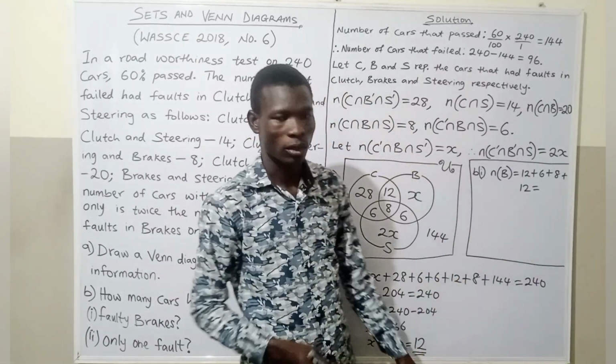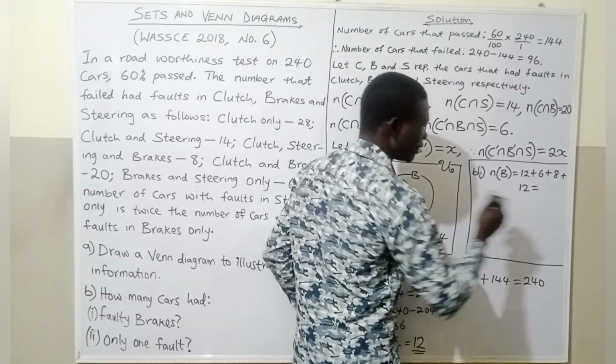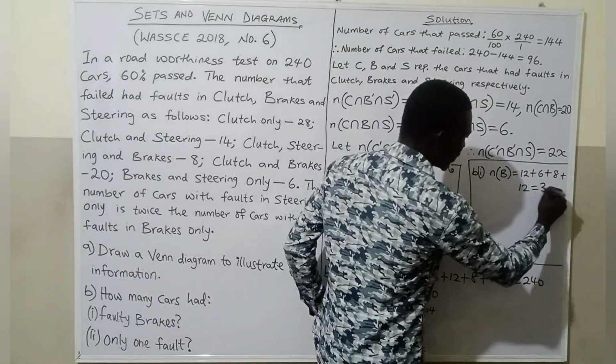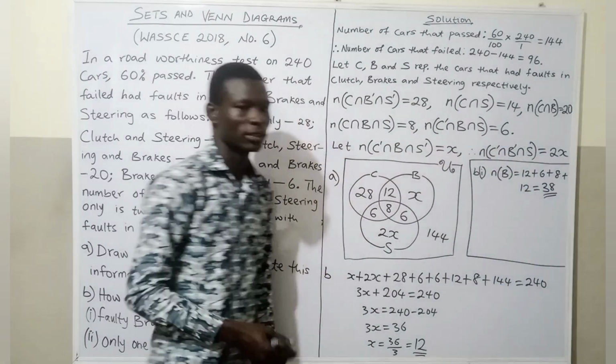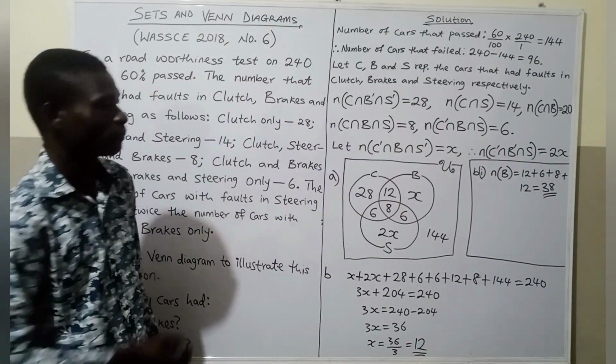And 26 plus 12 is going to be equal to 38. So number of cars with faulty brakes, there are 38 of them. That's B Roman figure 1.